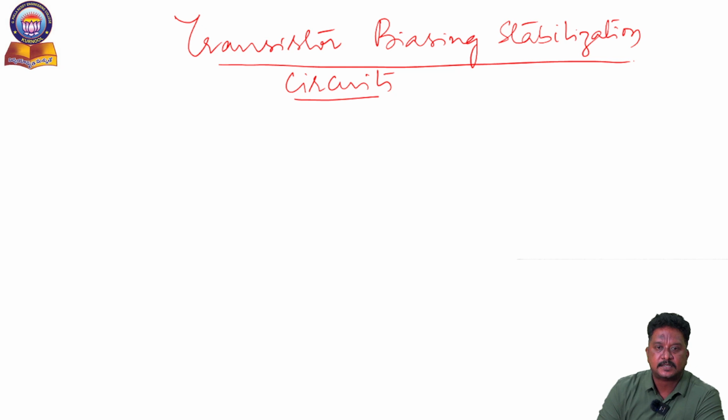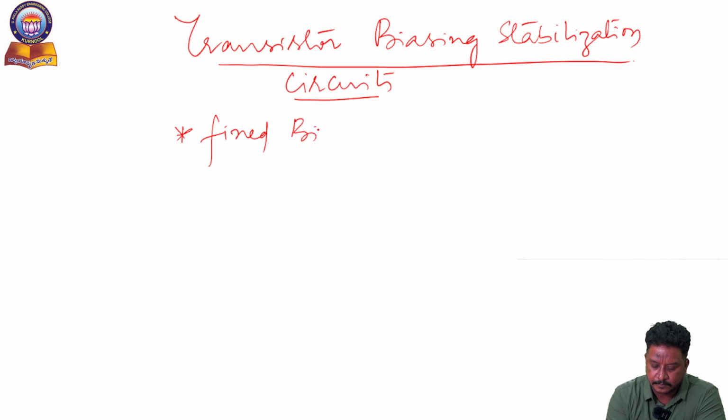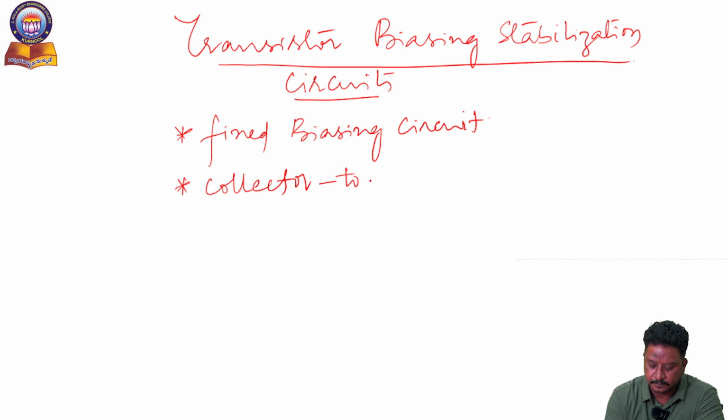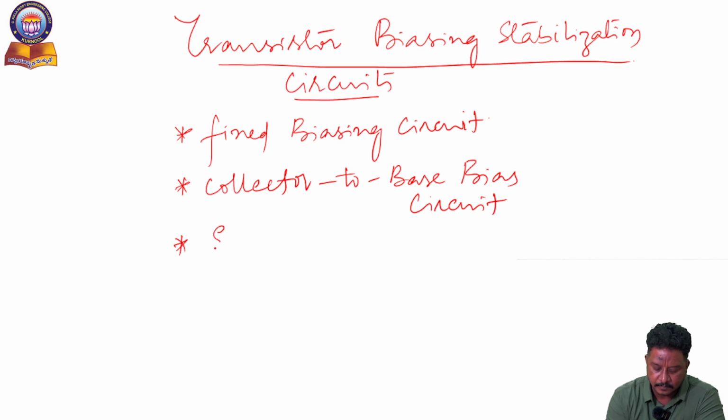In that process, some of the stabilization circuits we have to come across, in which the first one is the fixed bias circuit. The next one is the collector to base bias circuit. The next one is the emitter to base bias circuit.